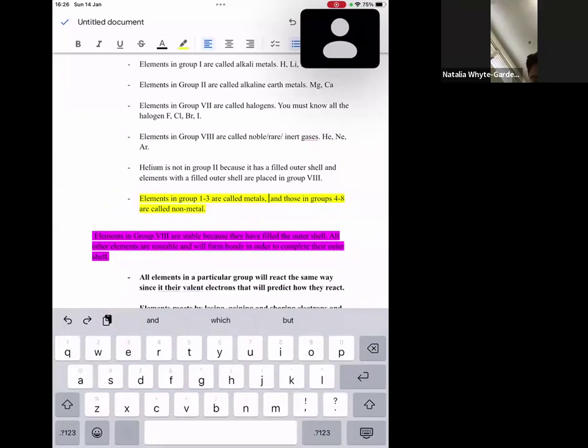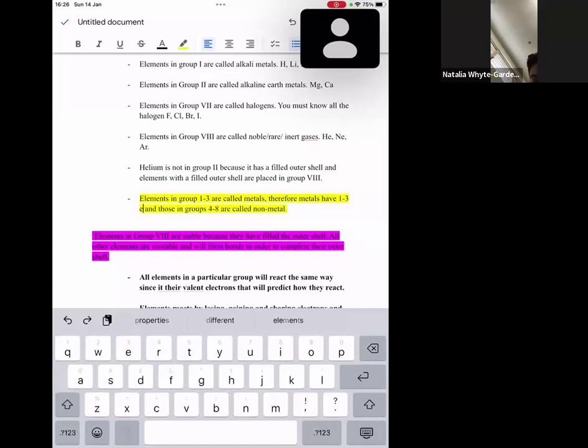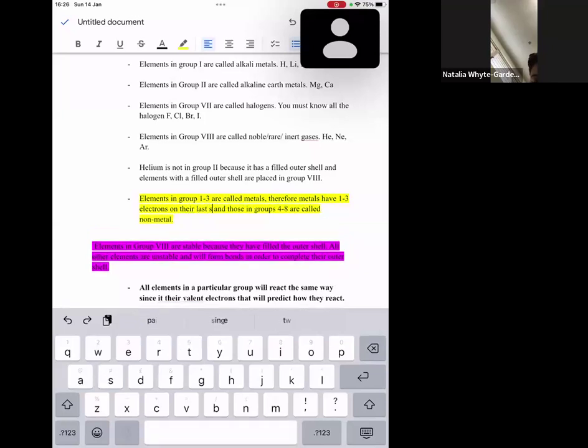So therefore, metals have 1 to 3 electrons on their last shell.